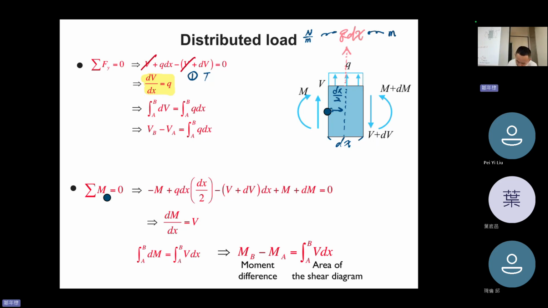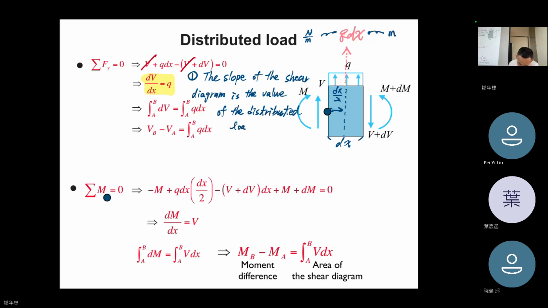The slope of the shear diagram is the value of the distributed load.